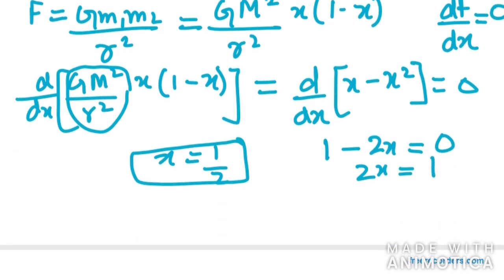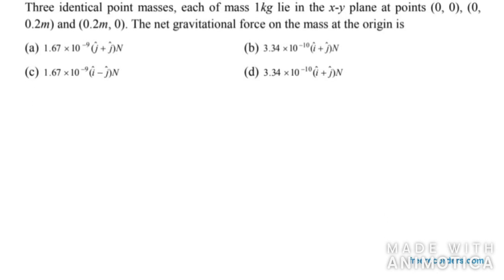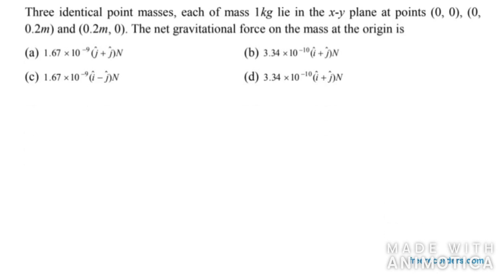Let's start with the next one. So the next one says three identical point masses, each of 1 kg, lie in the xy plane at points (0, 0), (0, 0.2 m) and (0.2 m, 0). The net gravitational force on the mass at the origin is.